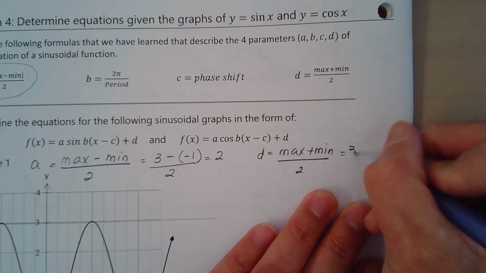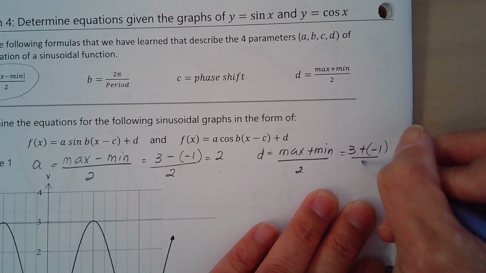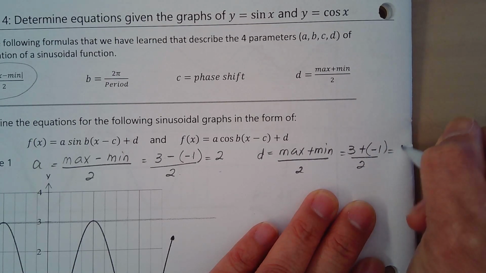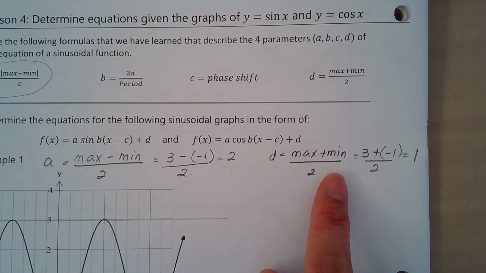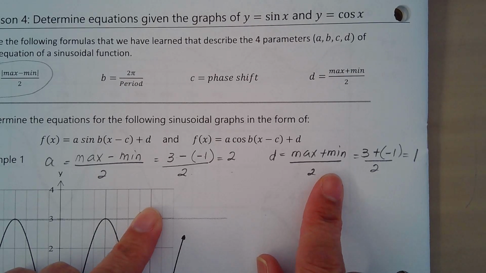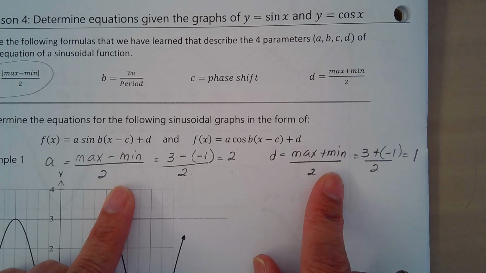Max is 3, add -1, divide by 2, so that's going to give us 1. So these two are super easy. We can determine the amplitude once we know the maximum and minimum, and we can determine the D value once we also have the maximum and minimum.